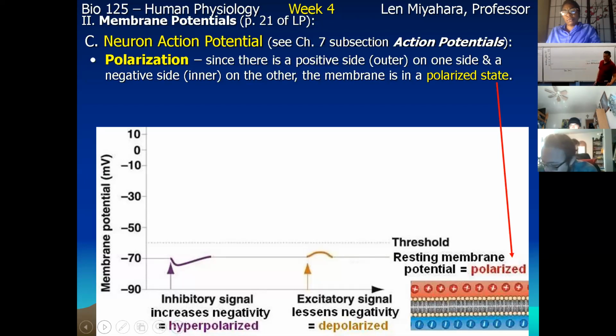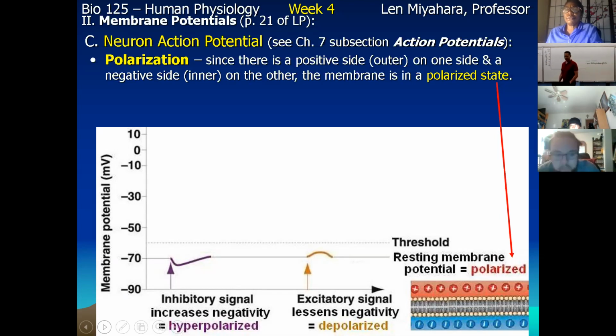Now, we already talked about how minus 70 is resting membrane potential. So I have a graph on the whiteboard, and it is the same thing as what's on the slide, okay? What you have to know is that there is a higher value above resting membrane potential, and I'm going to draw it at minus 55, and that's threshold.